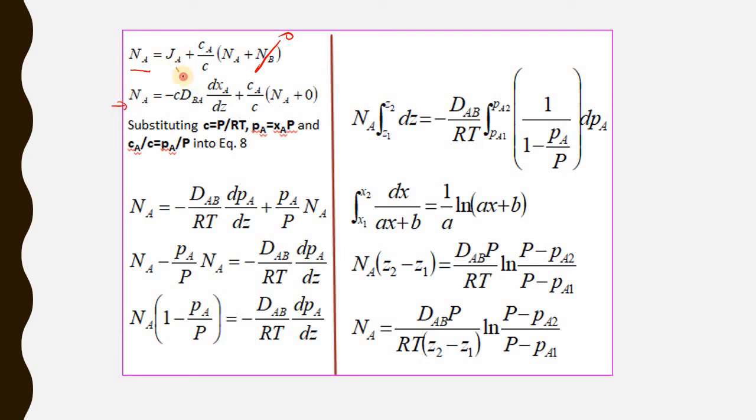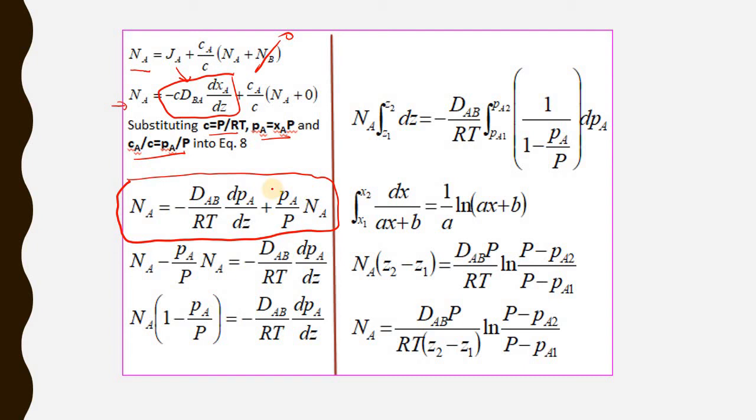JA will be replaced with Fick's law here. When we replace these three terms into the equation, we will get this one. From this equation we rearrange and integrate.